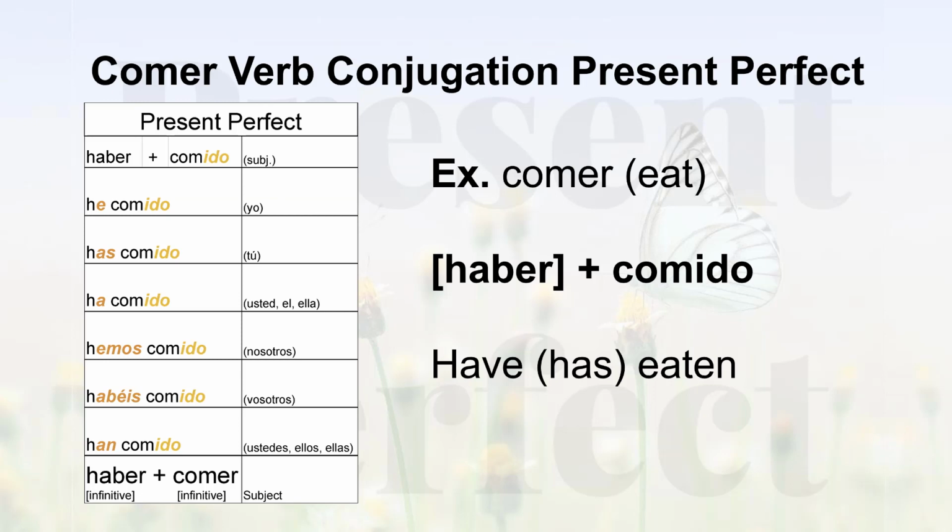So now let's take a look at how this haber conjugation present tense can be applied to the verb comer so we can create the verb comer present perfect tense. Again, present perfect tense for the verb comer, to eat, is going to be haber and comido, which is the past participle of the verb comer. So it's going to be he comido, yo.